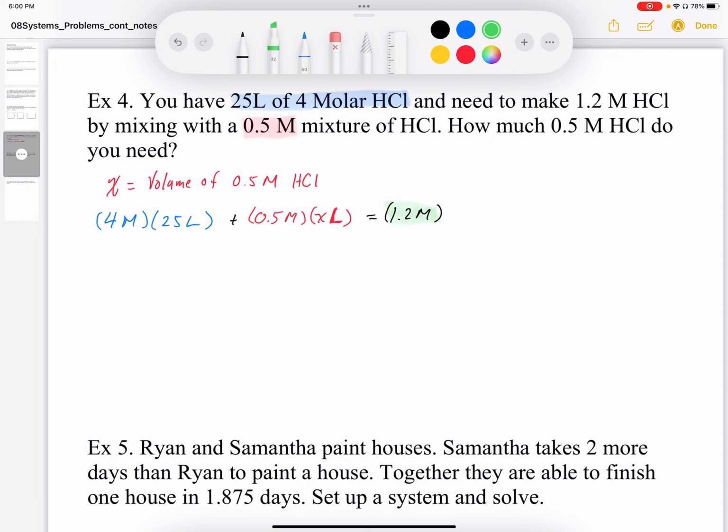And that is going to be the concentration, but to get the actual amount of acid, I need to multiply that by the volume, which is going to be, part of it's from the 25 liters, and the other part of it's going to be from the unknown amount of liters.